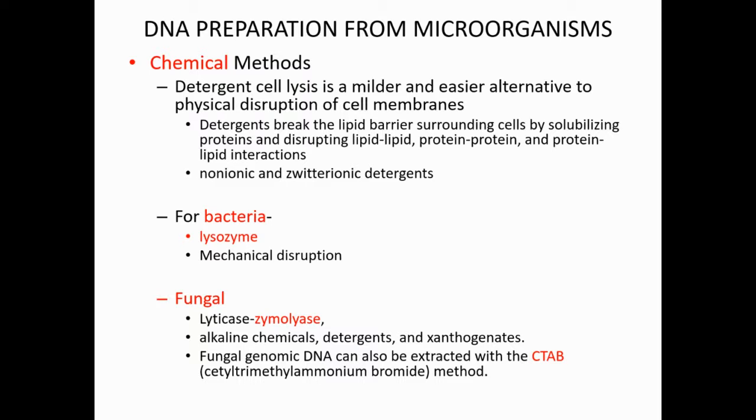The fungal genomic DNA can also be extracted with CTAB, the cetyl trimethyl ammonium bromide method. Basically, the CTAB is mixed with the lysis buffer and the conidial suspension, followed by incubation at 65 degrees for 1 hour, so this method can break the fungal cell wall very efficiently.